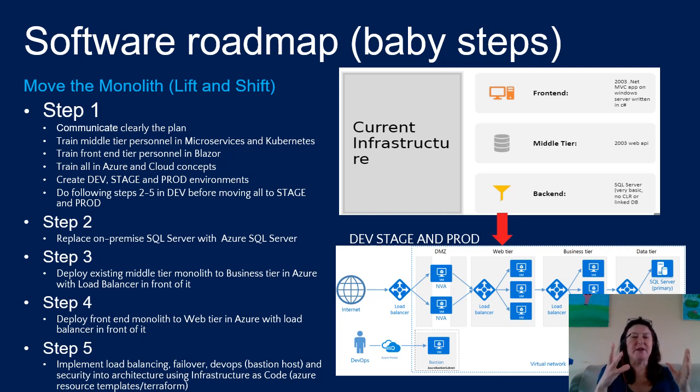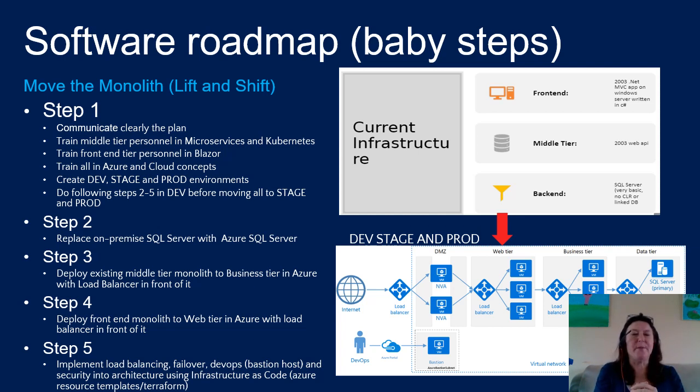And then we're going to plan for these dev, stage, and prod environments. We're going to work out which subscriptions and which tenants and which Azure Active Directory environments we need, that kind of thing. This is all planning stage stuff, okay?